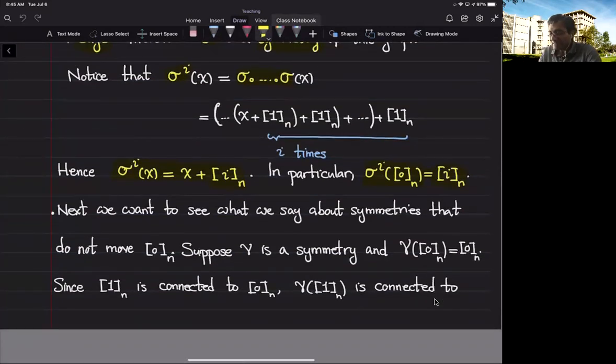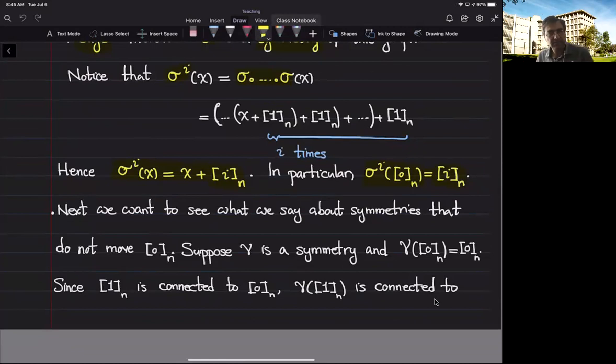Now, in order to understand symmetries of this graph, so far we understood where we can send the first vertex. Next, I'm going to fix this vertex and ask ourselves what we can do with the other vertices.